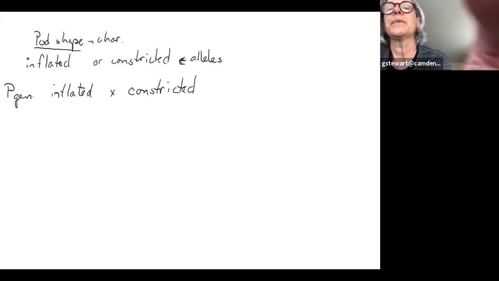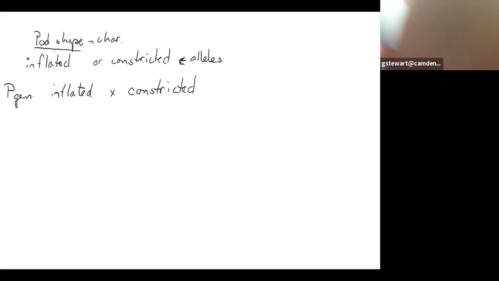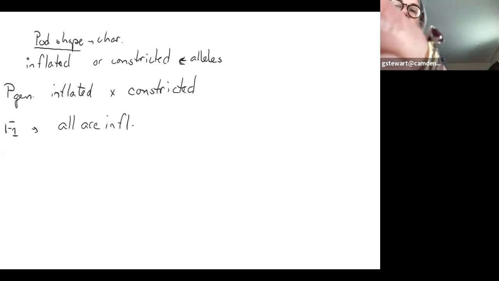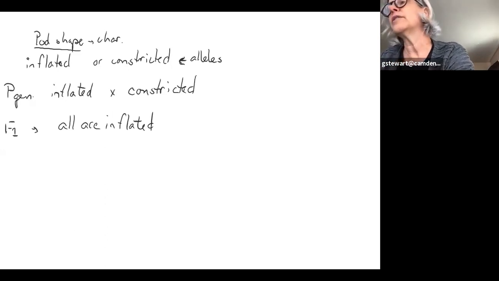So I would cross those and look at the offspring of my F1 generation. If I told you all are inflated, which I think is correct, what would you tell me about what letters I would choose and how I would go back and assign alleles for the parents, and then how I would make my Punnett square?